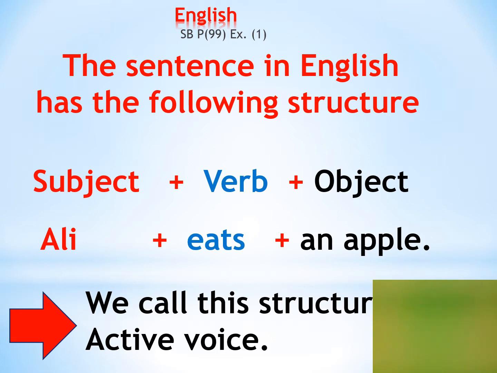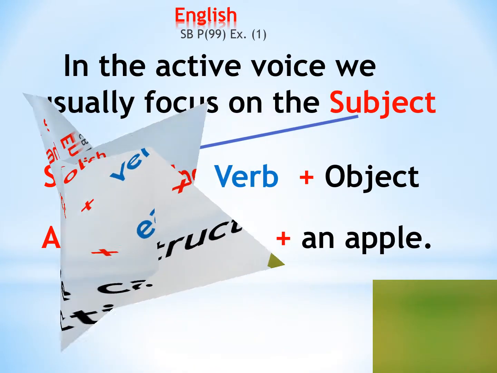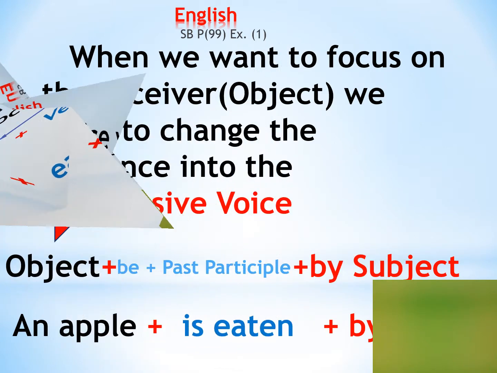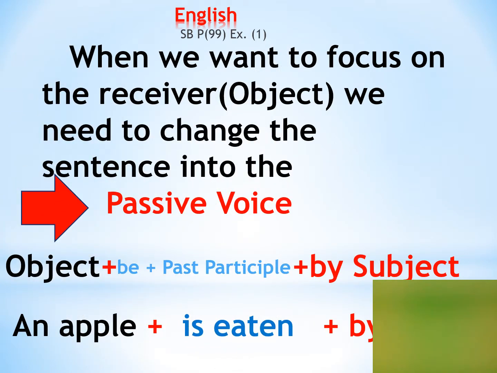SVO. In the active voice we usually focus on the subject, which is Ali. Look at the verb and look at the object. Now, if you want to focus on the receiver, which is called the object, we need to change the sentence into the passive voice.